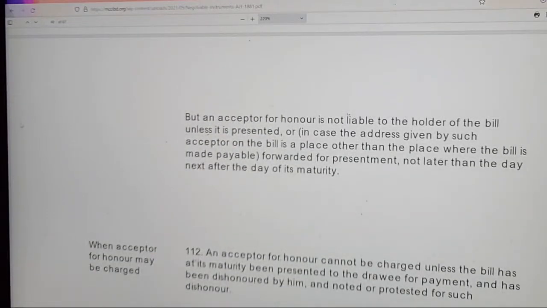But an acceptor for honor is not liable to the holder of the bill unless it is presented, or in case the address given by such acceptor on the bill is a place other than the place where the bill is made payable, forwarded for presentment, not later than the day next after the day of its maturity.